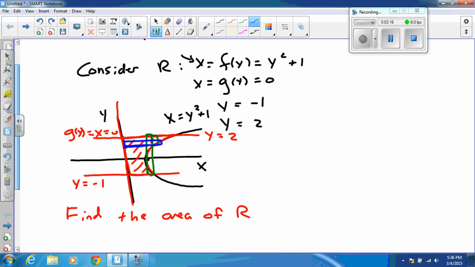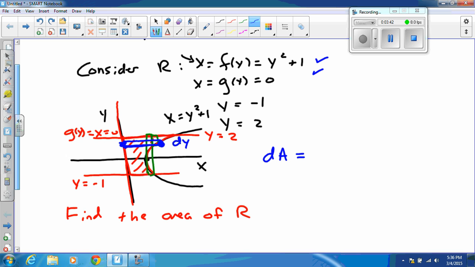And what inspires me to do that is that when I draw my horizontal representative rectangle, it has a height of dy, and it has a width that is defined by this x-coordinate minus that x-coordinate right there, and both of those x-coordinates are given to me as functions of y.